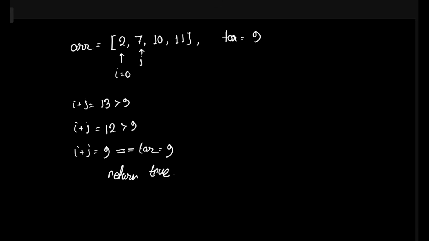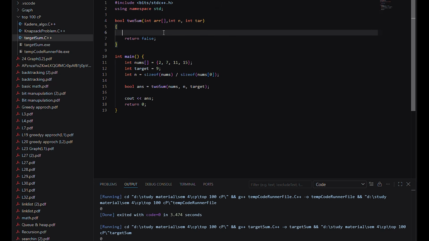I hope you understand this. And now let's go to code. Now I will initialize i with 0 and j is equal to n minus 1.